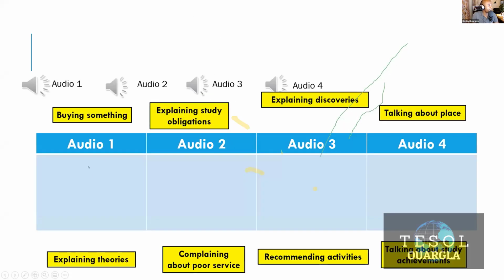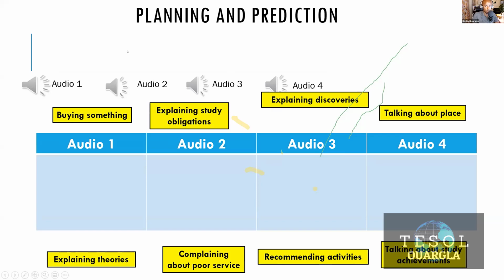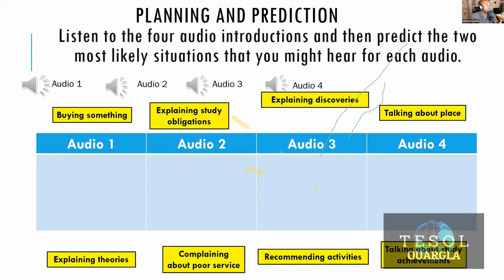So I have for you 4 audios. 1, 2, 3, 4. I have for you also situations, and we are going to look at strategies of planning and prediction. Now you are going to listen to 4 audio introductions and then predict the 2 most likely situations that you might hear for each audio.